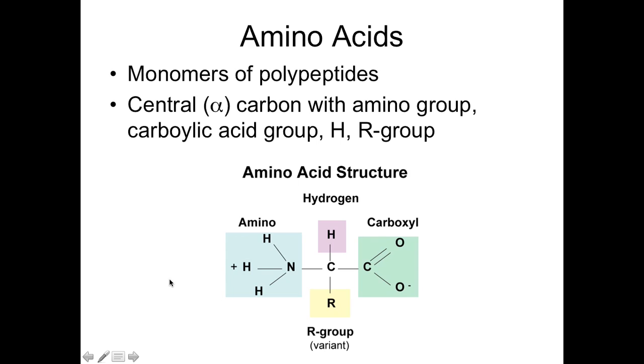And so you get a chain, and the backbone goes NCC, NCC. Amino, central carbon, carboxylic acid. Amino, central carbon, carboxylic acid. That's the backbone. And then sticking out from the backbone, you have all of these R groups.